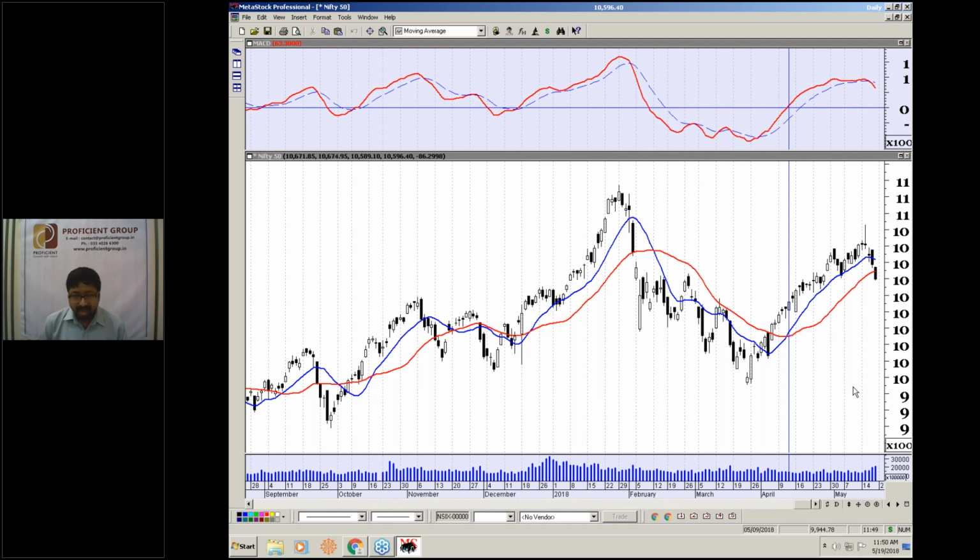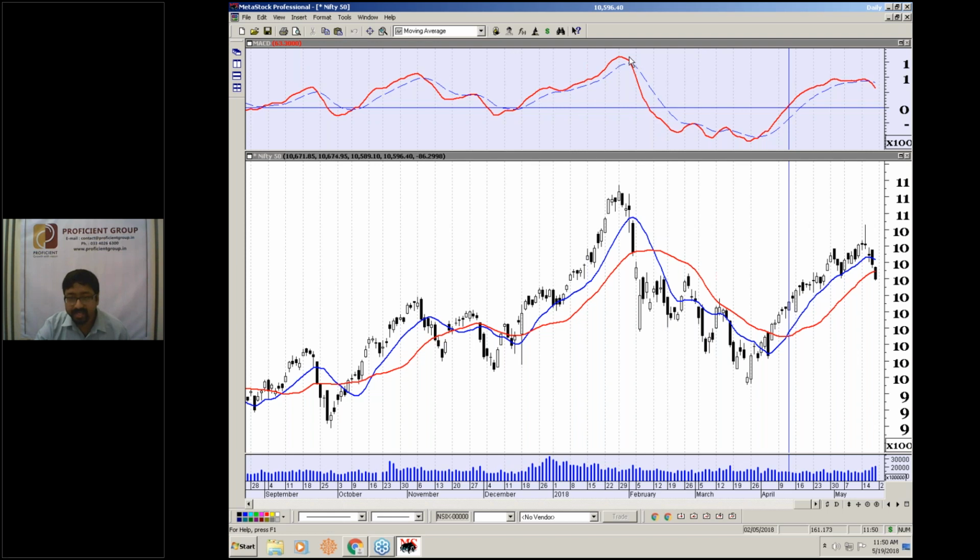Common sense tells us that if the crossovers are occurring away from the 0 line, then they are more significant, right? I would also like to see a sell signal much above the zero line.